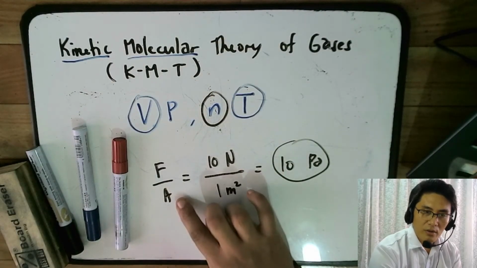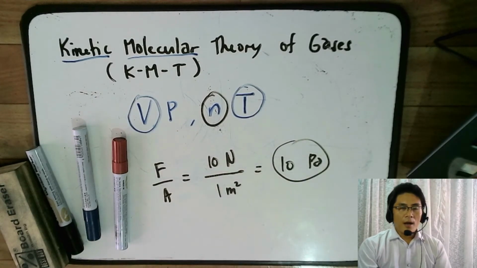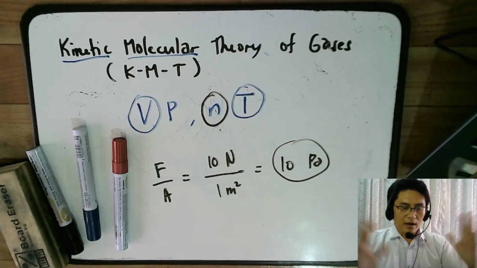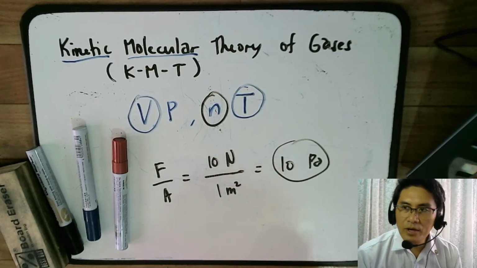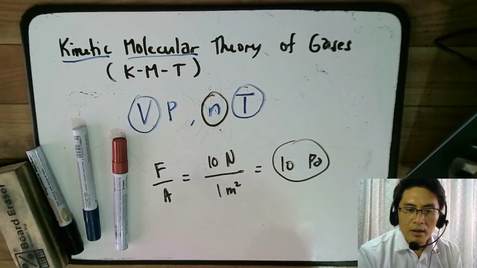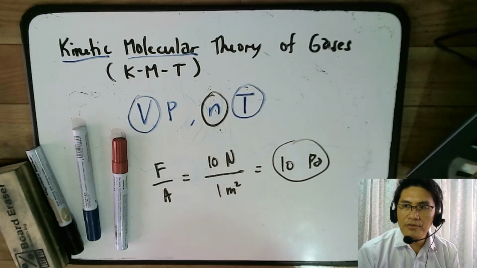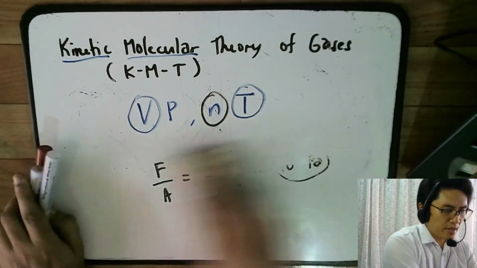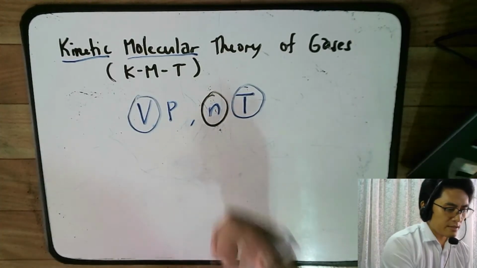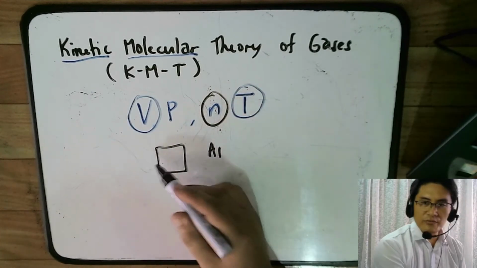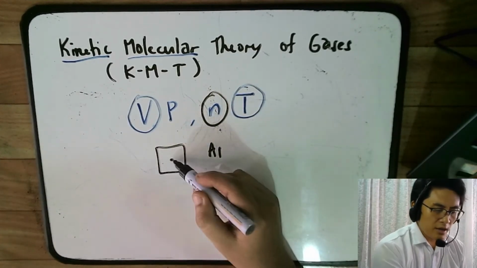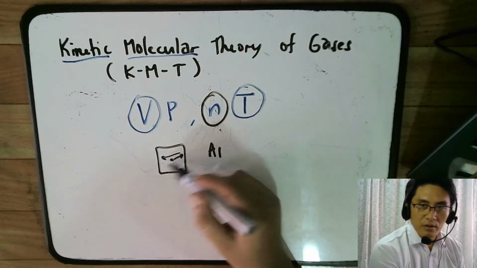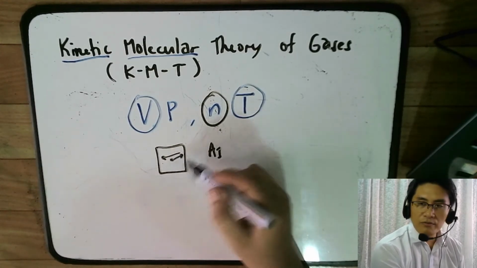So area also matters, because if the area is big, for example, let me just illustrate that. If this is area 1, which is very small, the particle hits the wall, bounces on that wall, and then on that wall, and that wall, so it exerts some sort of force.